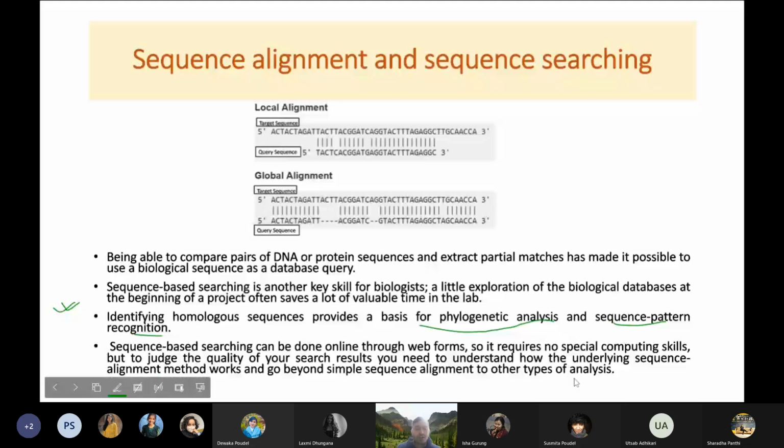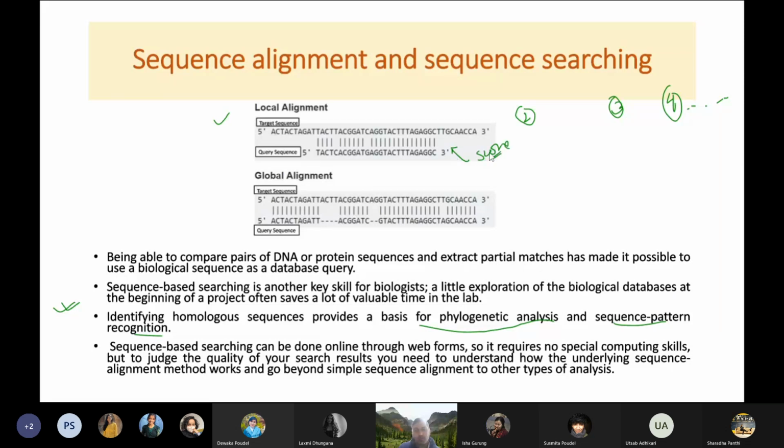In an actual case, there will be different target sequences. This is one target sequence, this is another, this is a third, this is a fourth, and so on. And you can get a different mathematical score for each.